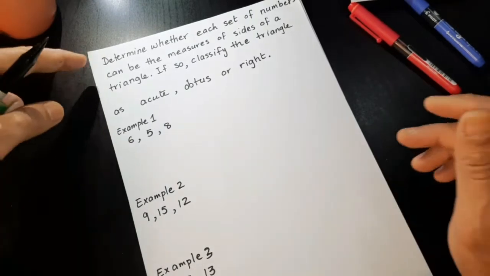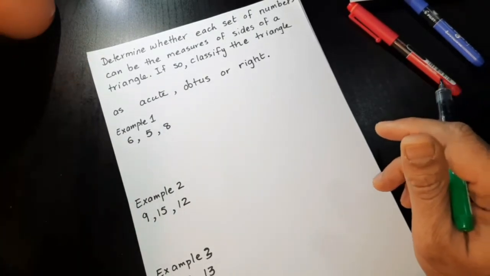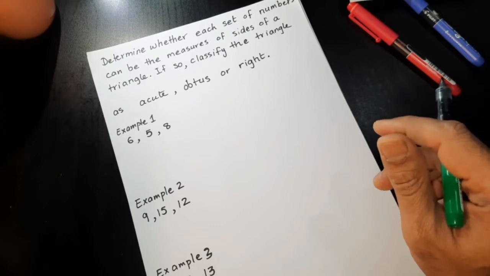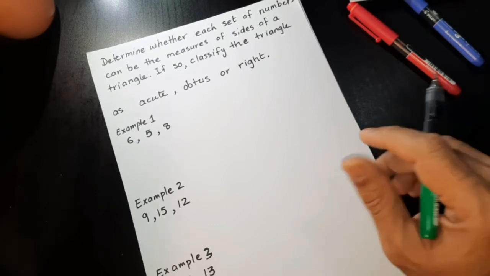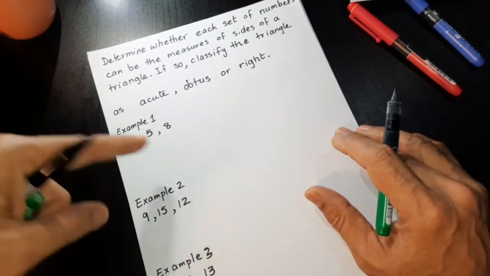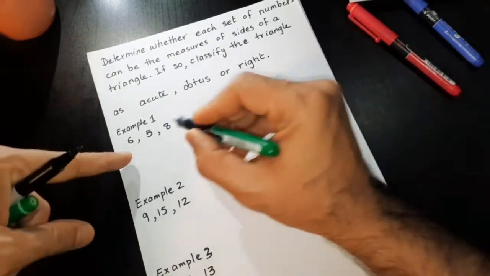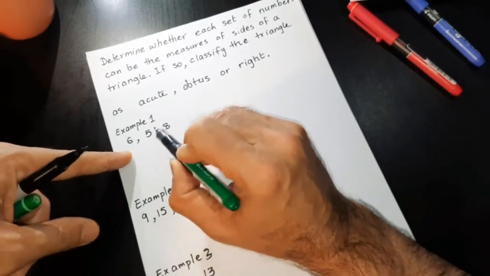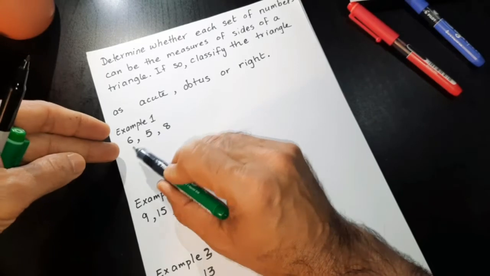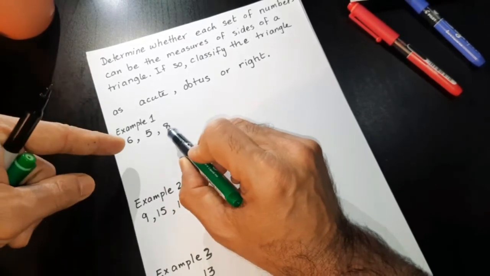The question is determine whether each set of numbers can be the measures of the sides of a triangle. The first thing is to determine whether these given sides can form a triangle or not. So here, by triangle inequality theorem, the sum of two sides of a triangle must be greater than the measure of the third side.